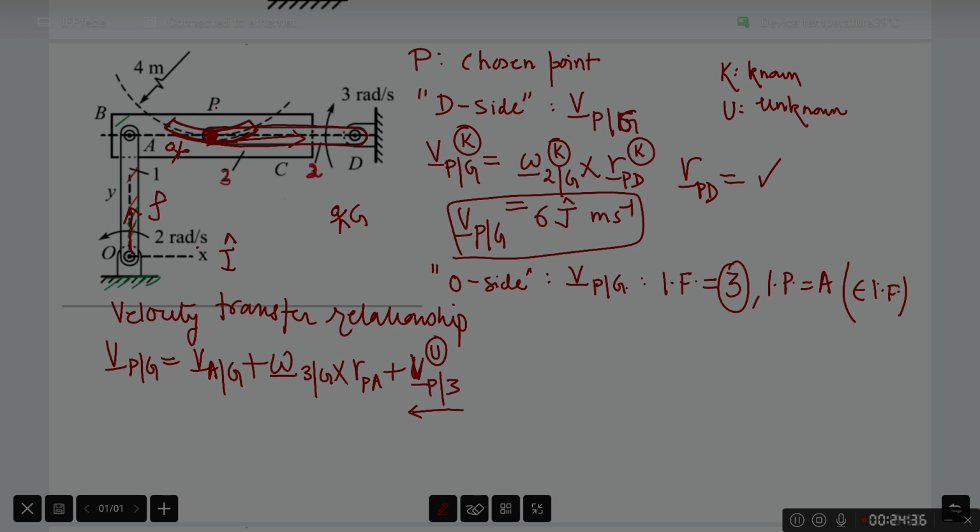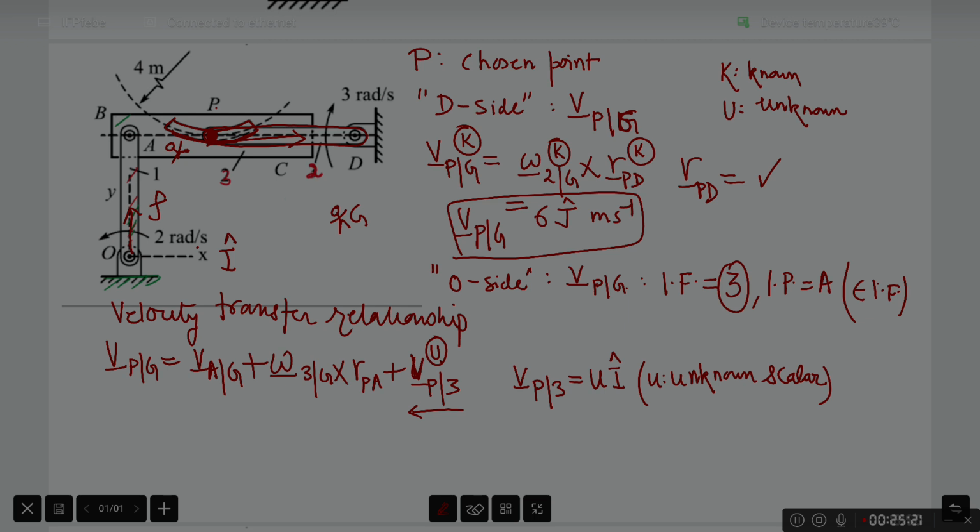And thus I write VP3 as U times I hat, where U is still an unknown quantity. It is an unknown scalar. I hope to find this soon, but for the time being I develop my formulation based on the understanding that VP3 is a vector oriented along I hat. This information is useful. So this is still an unknown. I keep it marked as U.